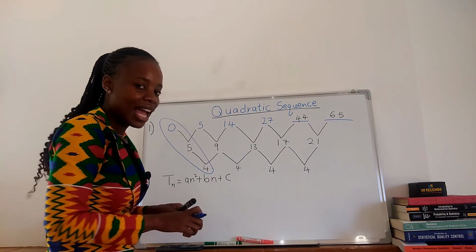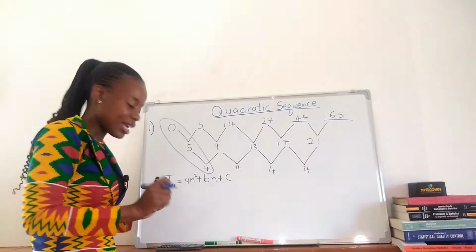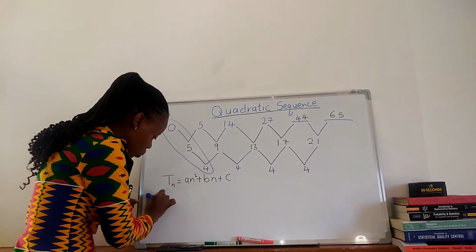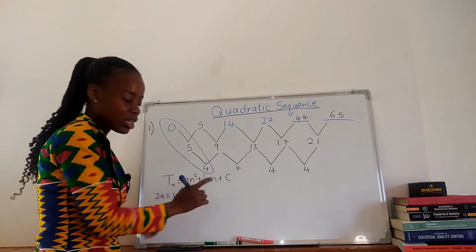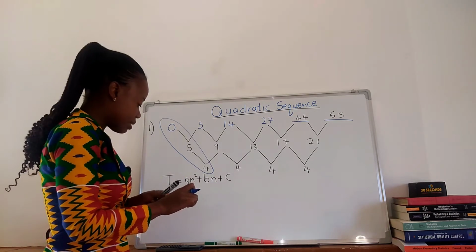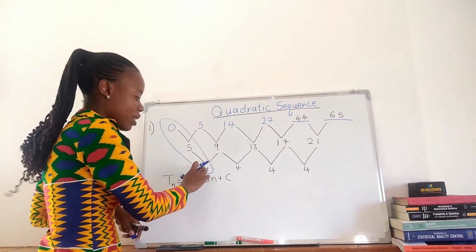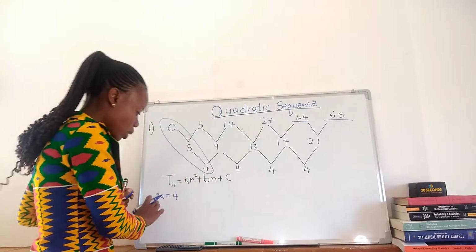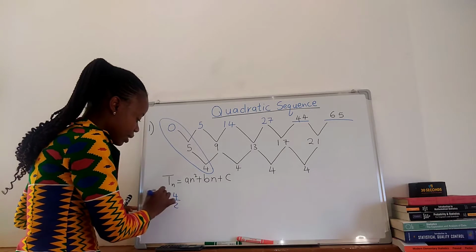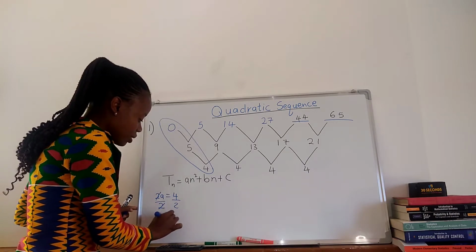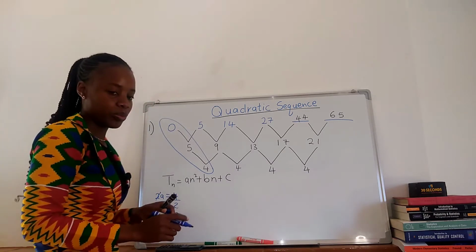To find our a, you always say 2a equals the second difference. 2a is always the second difference. Here we have 8, so 2a equals 8. We divide by 2 both sides, and our a is 2.